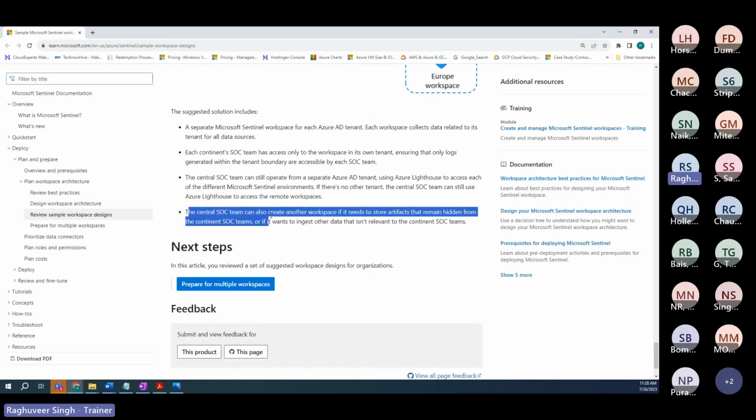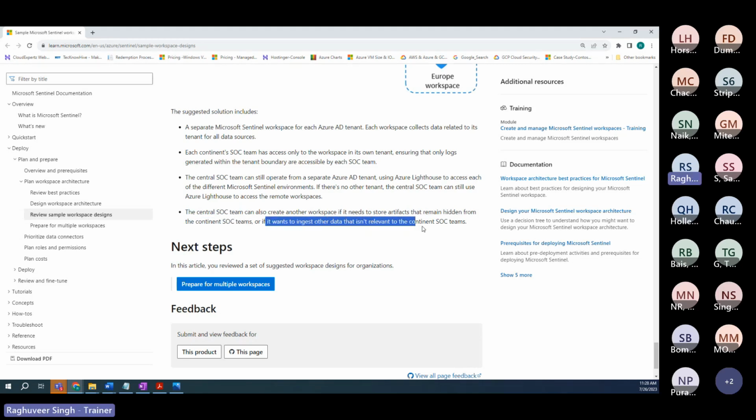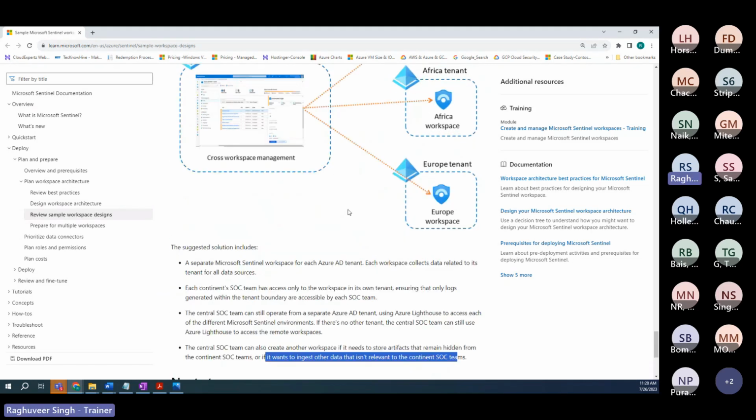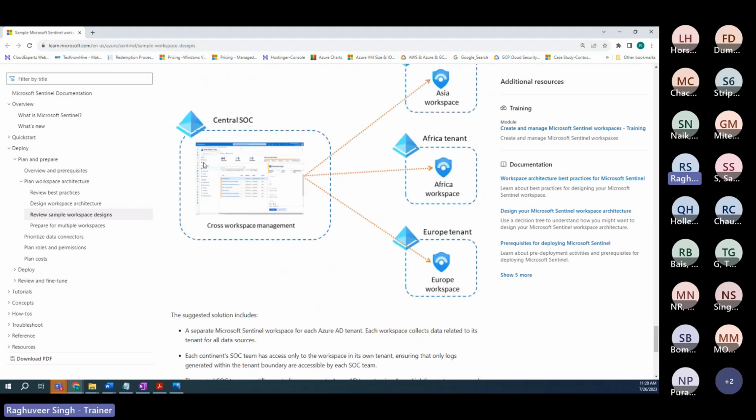Now the central SOC team can also create another workspace if it needs to store artifacts that remain hidden from the continent SOC team, or if it wants to ingest other data that isn't relevant to the continent SOC team. So if it needs some separate data, if it needs to hide something from the individual continent teams, they can create a separate workspace.